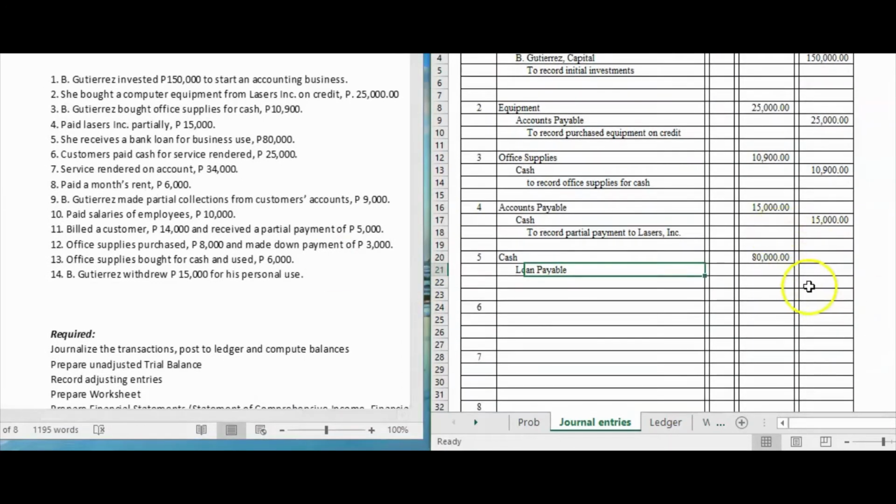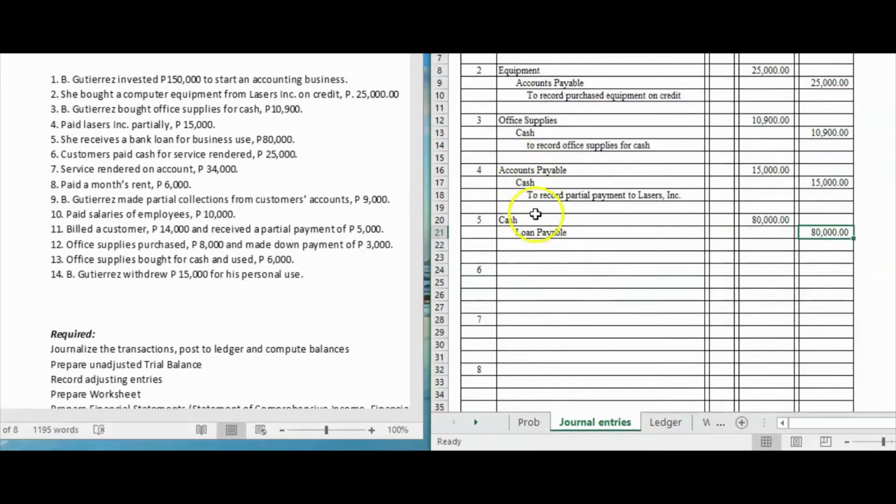Okay, so in this transaction, mag-credit tayo ng loan payable. Okay, again, ang normal balance ng mga liabilities natin is credit. Pag nadagdagan, you credit it. Pag nabawasan, you debit it. Okay? There. Do not forget to put your description here.